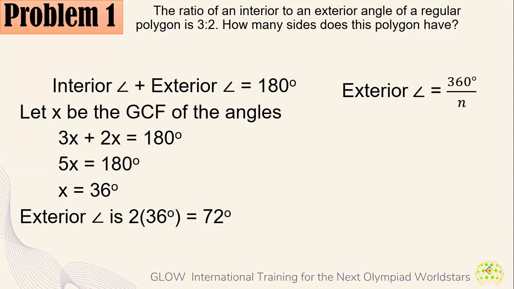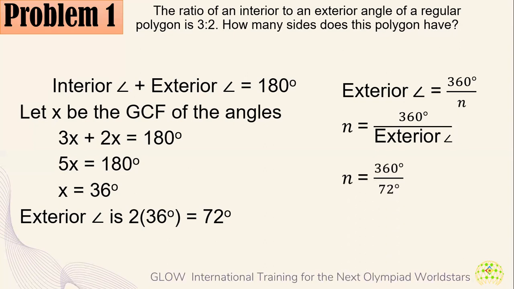So doing algebraic processes, we could say that n, or the number of sides, is equal to 360 degrees divided by the measure of an exterior angle. Hence, n is equal to 360 degrees divided by 72 degrees, or n is 5. Hence, this polygon has 5 sides, also known as a pentagon. I hope you got item number 1 correctly.